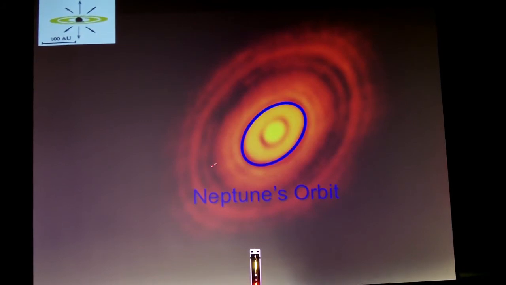So this stuff out here is significantly further out than the material in our solar system. But to me, this is just a stunning view. The idea that you could have a young star with a disk around it and see this level of detail inside of it. These clearings may indicate either that there's an object here that's sweeping out material or that there's an object further in that has an orbital resonance with this stuff and is clearing it out on repeated regular passes.